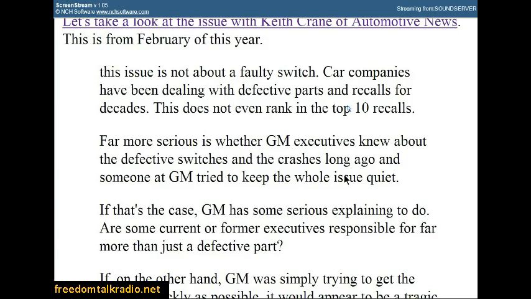So, let me repeat from Keith Crane's article. Far more serious is whether GM executives knew about the defective switches and crashes long ago, and someone at GM tried to keep the whole issue secret. If that's the case, GM has some serious splaining to do. Are some current or former executives responsible for far more than just a defective part?